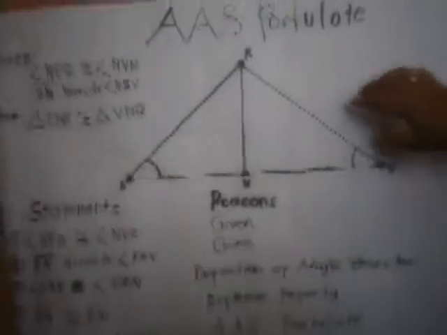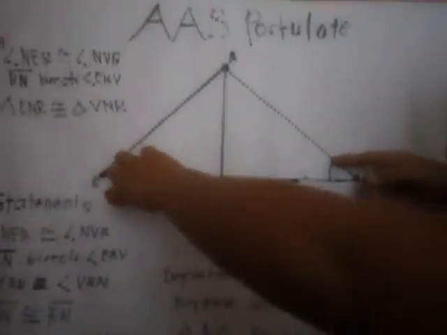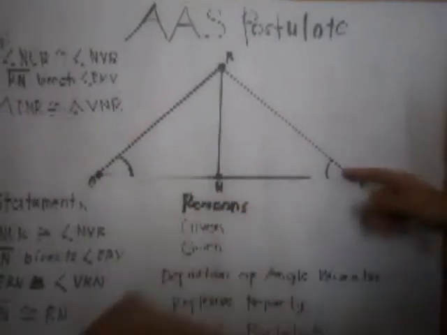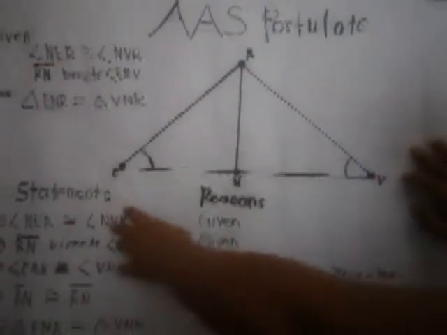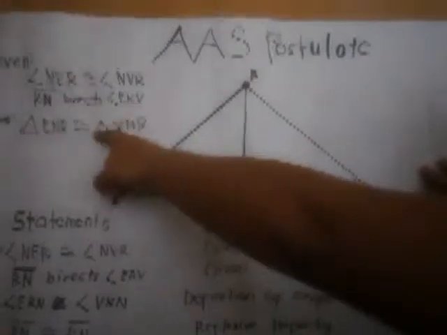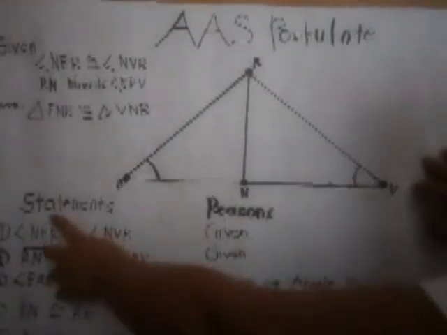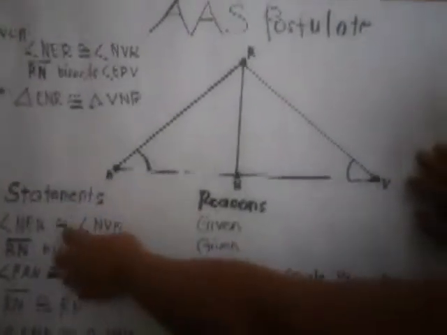Mao ni siya ang triangle. So, di ba ang ato ang i-prove kay ang triangle ENR kay congruent to VNR. So, first, sa statements kay isuwat first ang given.